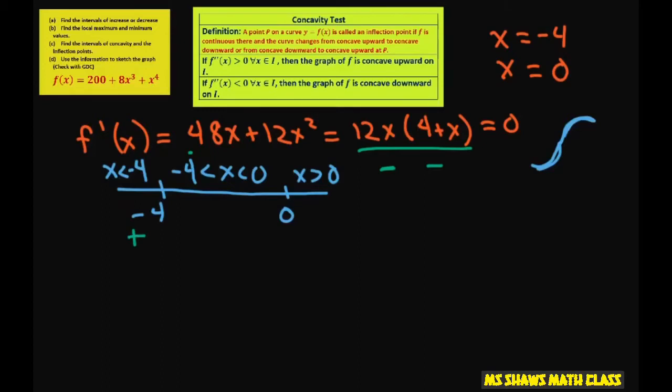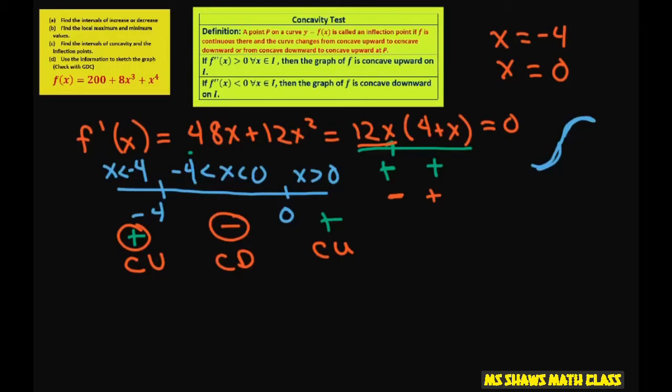Let's go ahead and plug in 1. If I plug in 1, I'm going to get positive and positive. Two positives make a positive. Now let's plug in negative 1. If I plug in negative 1, this is going to be negative, but this is going to be positive. So a positive times a negative is going to be negative. So this means concave up. This one is concave down. This one's concave up.